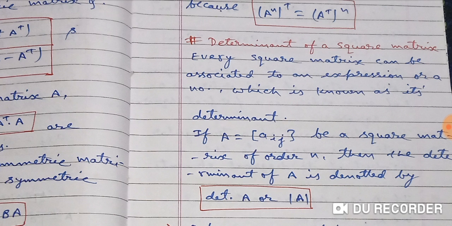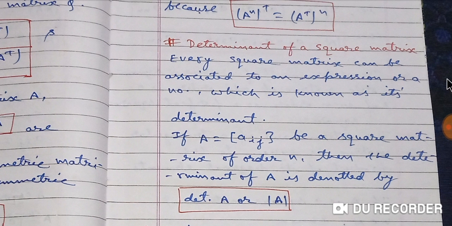So what is a determinant? Just read its definition. Every square matrix can be associated to an expression or a number which is known as its determinant. This determinant will not exist if the matrix is rectangular, that is, if the number of rows and number of columns are not equal.